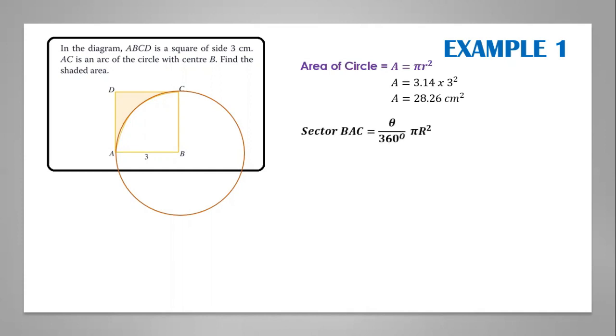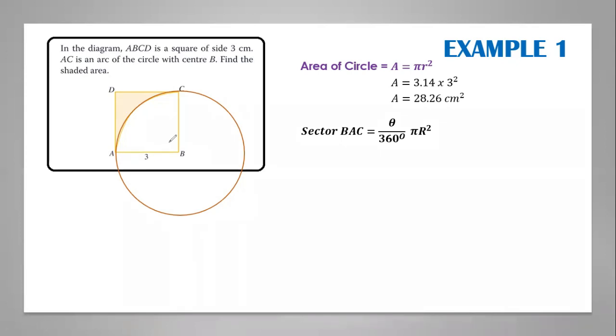Okay, now we are talking about sector BAC. As I mentioned before, sector BAC is a quarter of the circle, or 90 degrees to 360 degrees. By using the formula, sector BAC is theta over 360 degrees times pi r square, right?